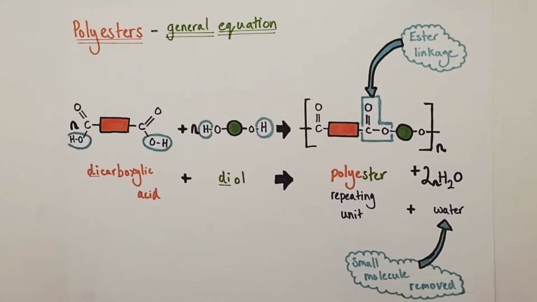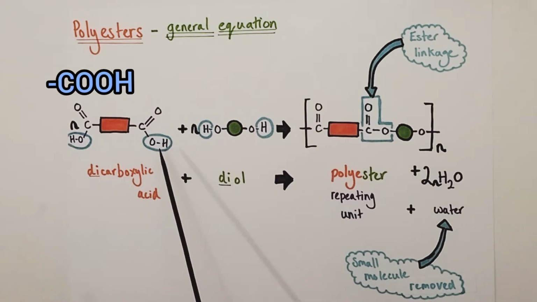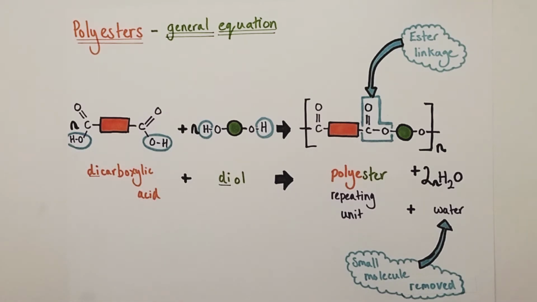Now, I'd like to take you through this general equation for the formation of a condensation polymer known as a polyester. The first monomer you'll see on the left-hand side is known as a dicarboxylic acid, as it has two carboxylic acid functional groups either end of the monomer unit. The red box in the center represents the rest of the molecule, often comprised of multiple CH2 groups in a row.